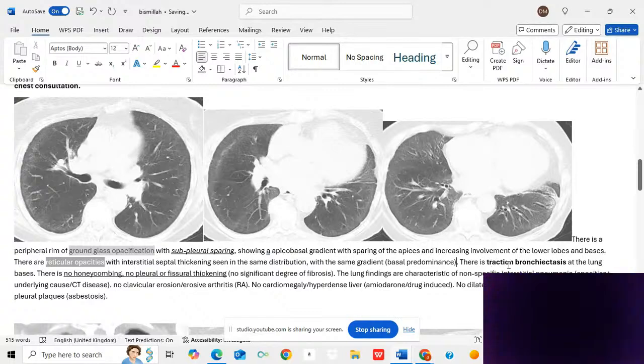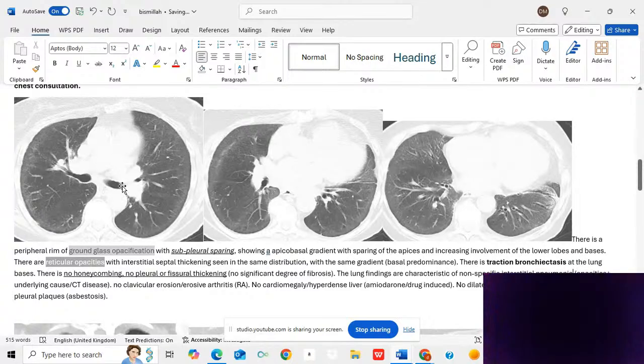As I mentioned, there is also traction bronchiectasis, more in the bases. There is no honeycombing, pleural, or fissural thickening. There is no significant degree of fibrosis. Okay, the lung findings are characteristic of non-specific interstitial pneumonia. Why? Because we've got only opacities with no significant degree of fibrosis, with an underlying cause.